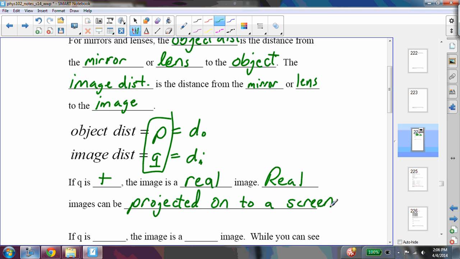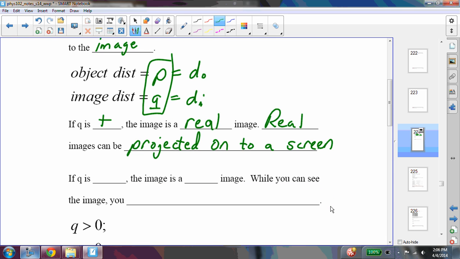If you're in the lab, you've seen both virtual and real images. For example, your bathroom mirror would be a virtual image. You cannot project your bathroom mirror image onto a screen. However, you can produce some real images with mirrors, but more commonly, you'll see real images with a projector, with lenses and what have you.